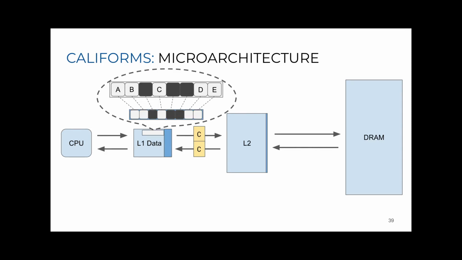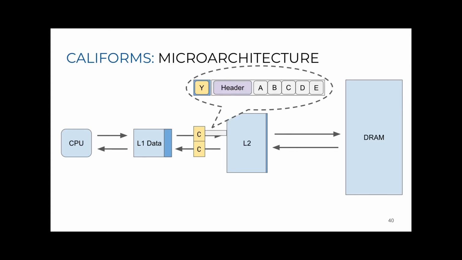In this case, and within L1 data cache, the bit vector Califorms will be used for fast lookup. And only when the cache line is spilled out of L1 to L2, we will convert the line format to the 1-bit Califorms. In L2, only one metadata bit is needed, same for DRAM, and that's why no converters are needed at that point.